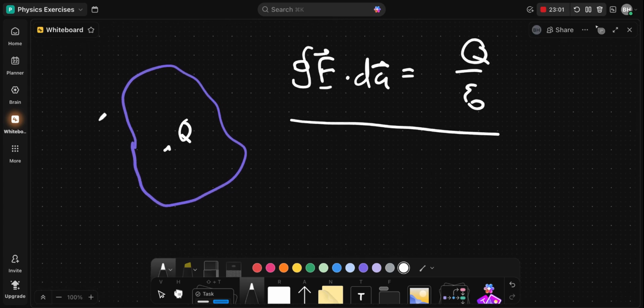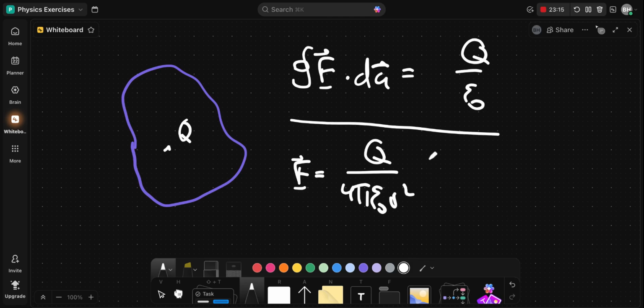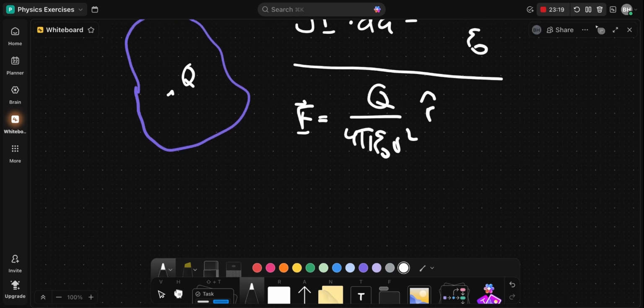The way you can convince yourself of this is the following. Here's my charge, and you know that the electric field of a point charge is Q divided by 4 pi epsilon 0 r squared, and it points in the radial direction.